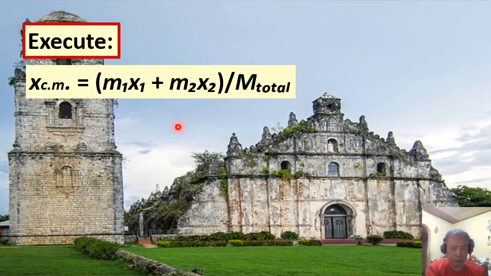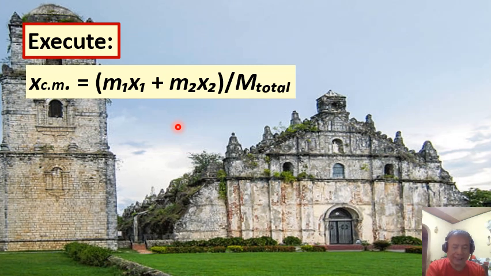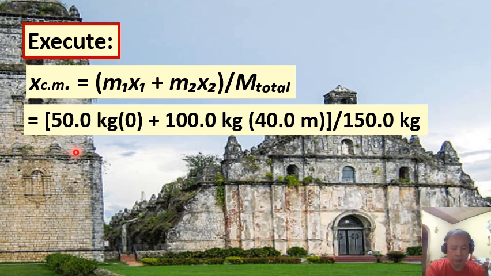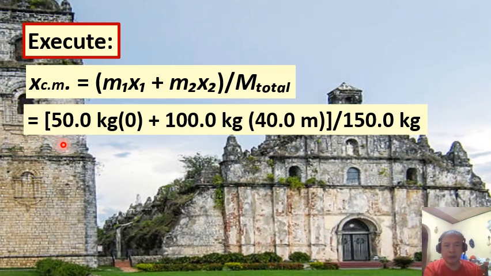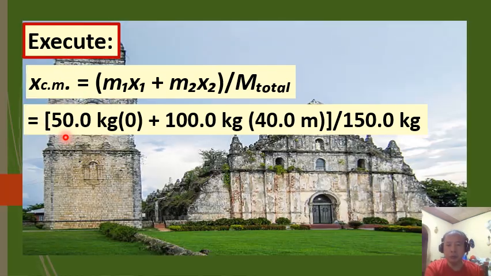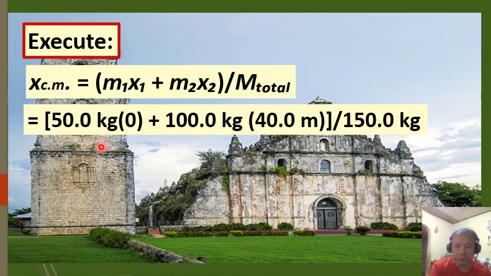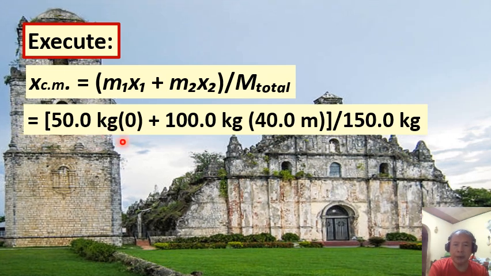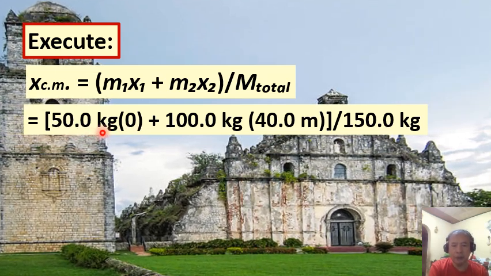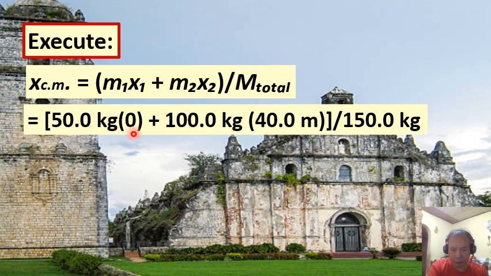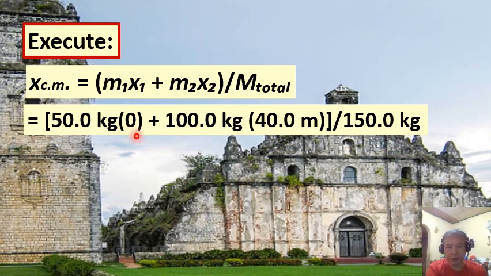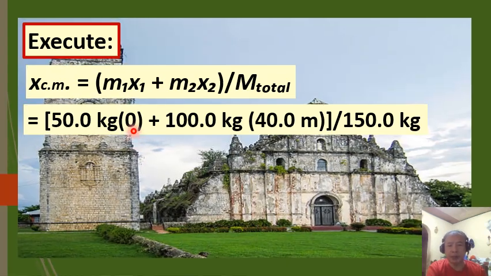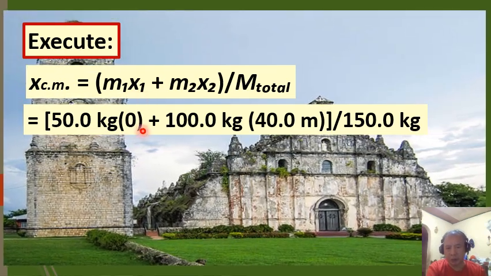So substituting our data into this general formula, we find the center of mass of the system equal to 50.0 kilogram, that is the mass of sphere number 1, times 0, because we consider the position of the center of sphere number 1 to be our starting point. So x1 is equal to 0.